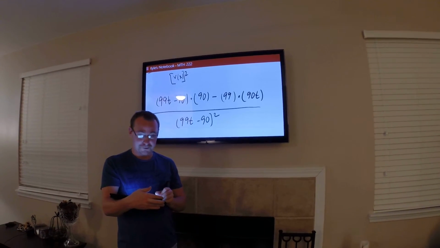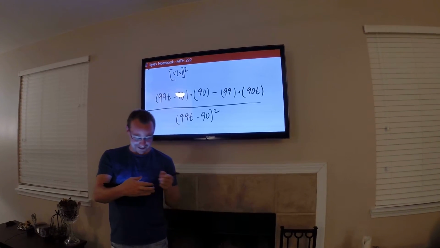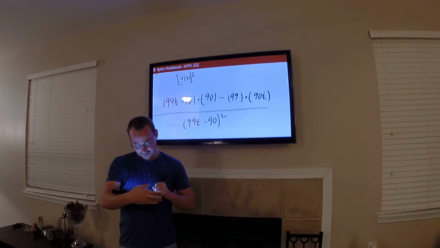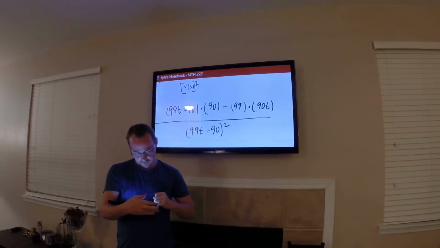So we calculate this all up. It's exciting stuff. We get negative 8100 over (99t minus 90) squared.